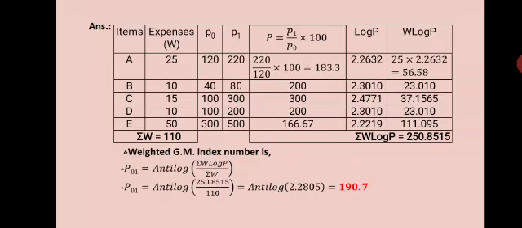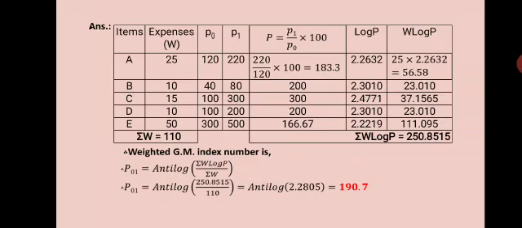Then we need to find the price relatives, that is P equal to P1 divided by P0 into 100. That is 220 divided by 120 into 100. If you simplify this, then we will get the answer as 183.3.